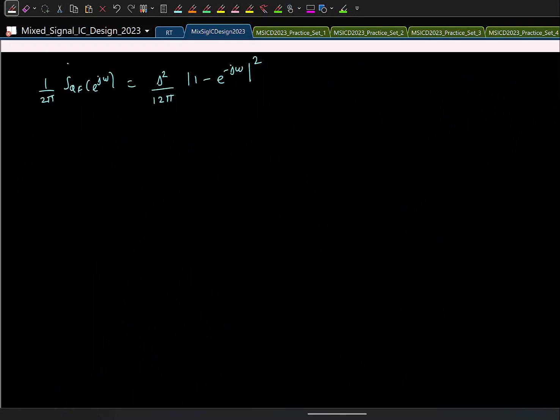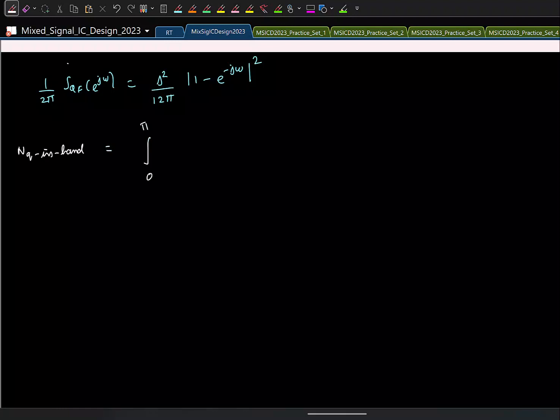I'll just say I'm finding the quantization noise power in band, meaning within the signal band. That is the integral from 0 to pi by M of delta square by 12 pi, magnitude of this guy whole square, d omega. Now remember that I am going to have a large value of M in practice, so my signal band will be really small. For small values of omega, how can I approximate this?